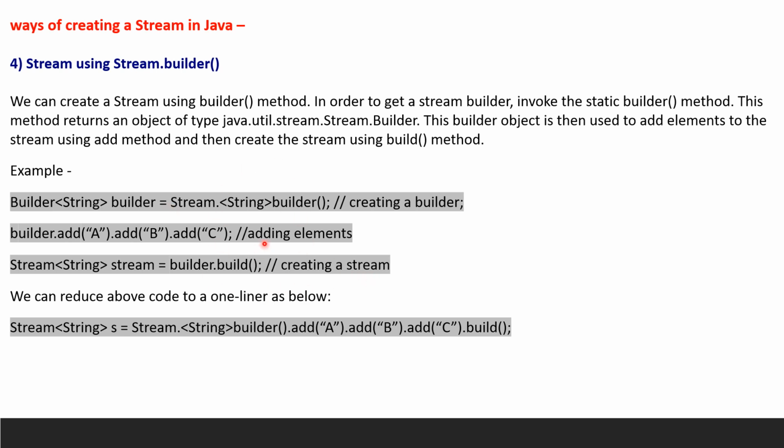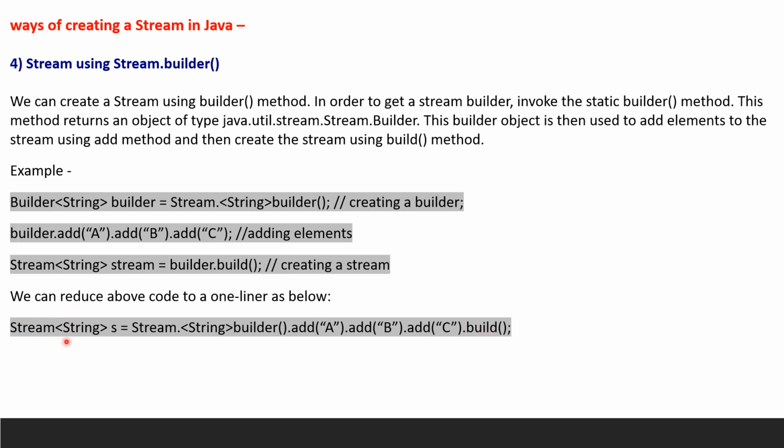This is the way we can create the stream using the Stream.builder method. So these are the three lines, and we can reduce the number of lines and do it in a single line.